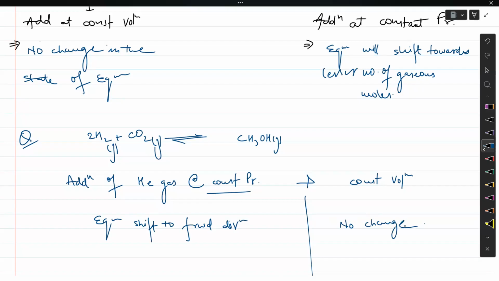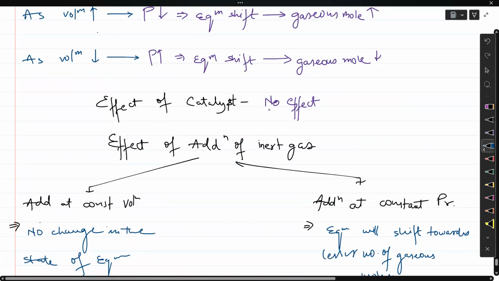So at constant volume, if we add any inert gas, there will be no change, and at constant pressure, it will move towards the lesser number of gaseous moles. Effect of catalyst we have done: no effect.